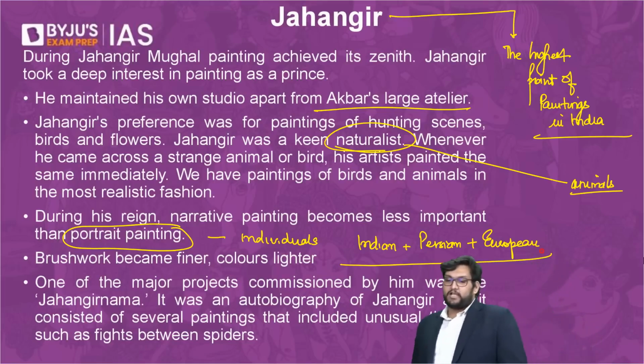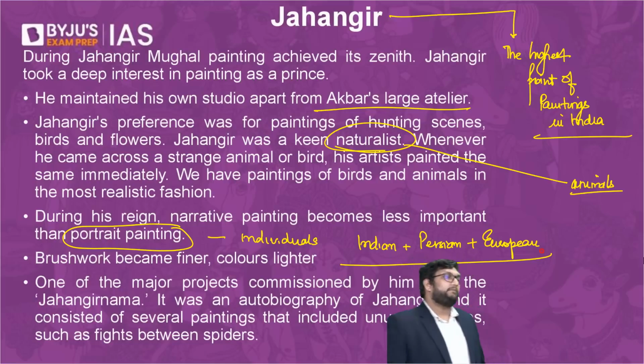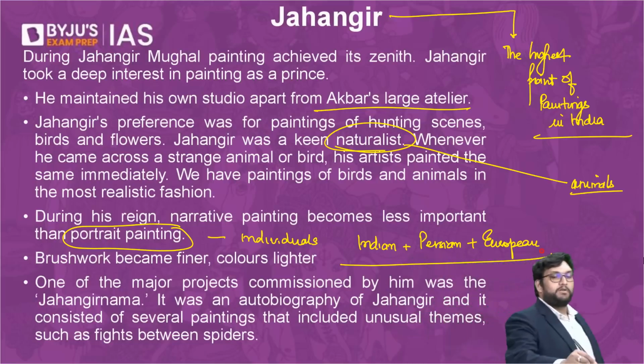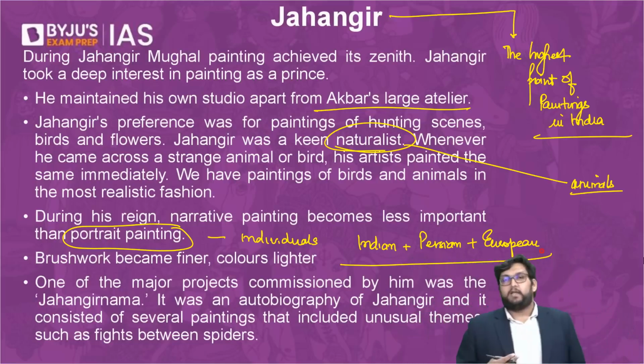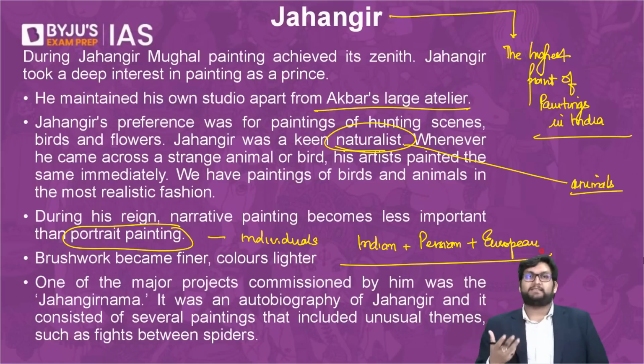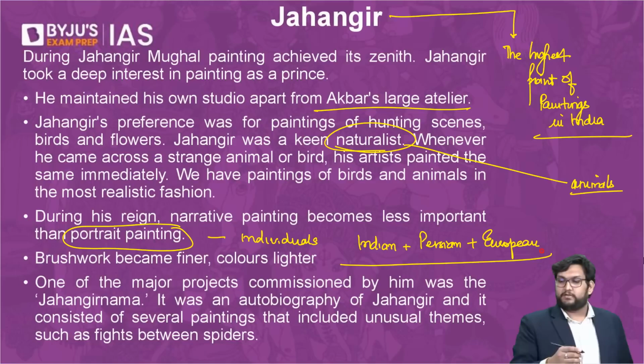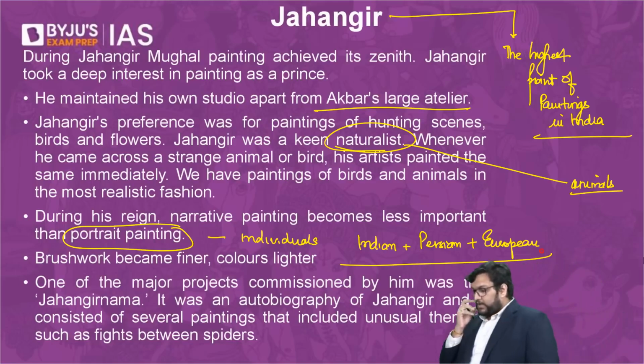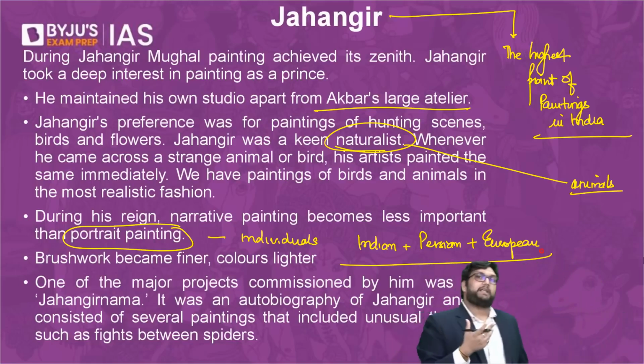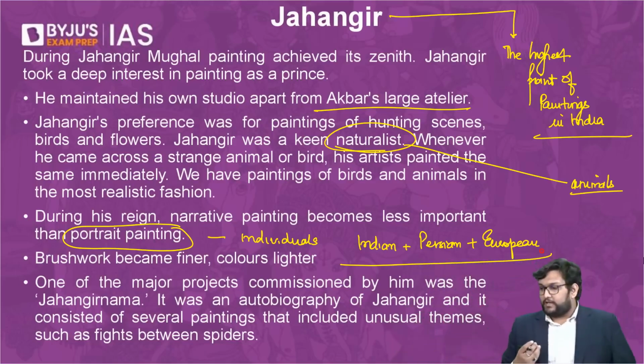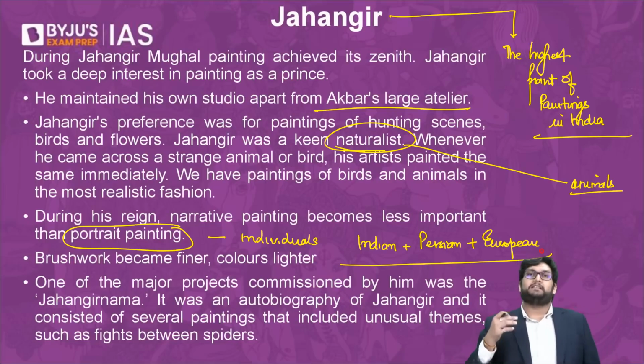When they came, they brought with them a whole set of gifts, and one of those gifts was the concept of a globe and spectacles. Globes and the idea of a globe fascinated Jahangir quite a lot.